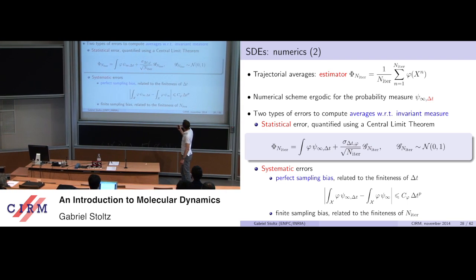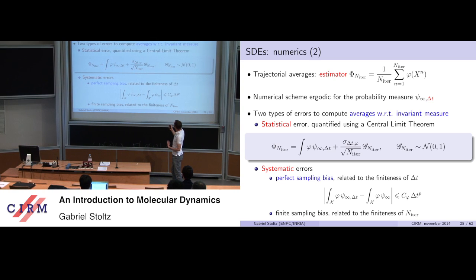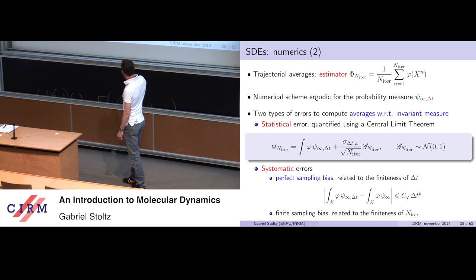Once I've discretized my dynamics, I consider some observable phi, and I compute its average over the discrete numerical trajectory. The first thing is to prove that my numerical scheme is indeed ergodic for some invariant measure, which will be a priori a little bit different from the invariant measure of the continuous equation.